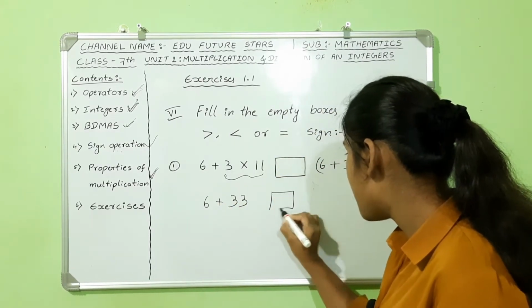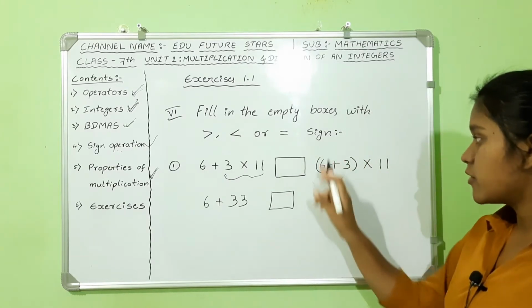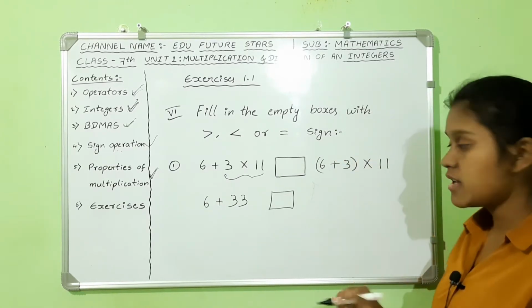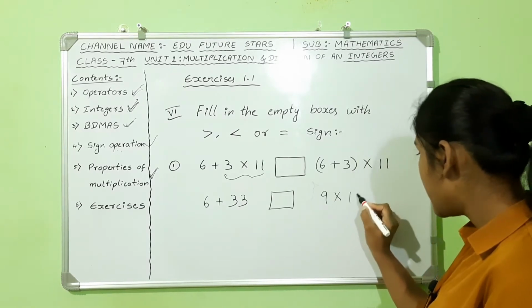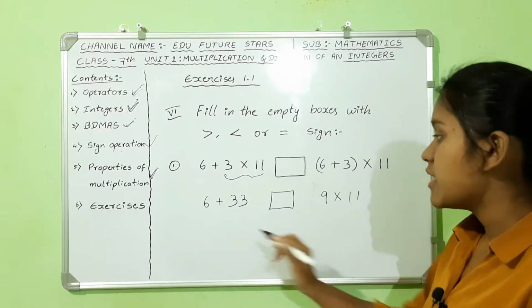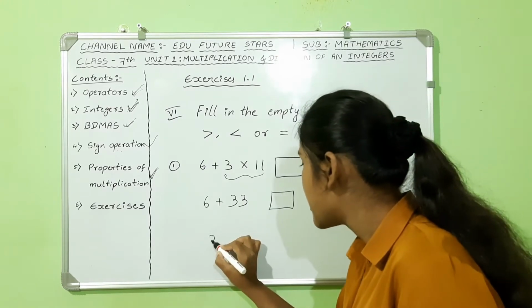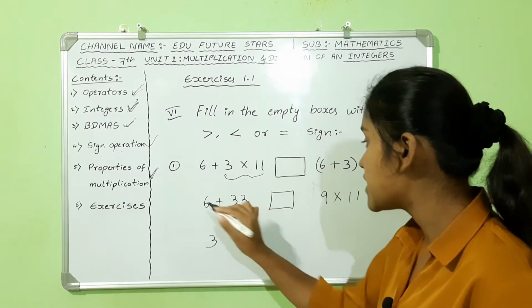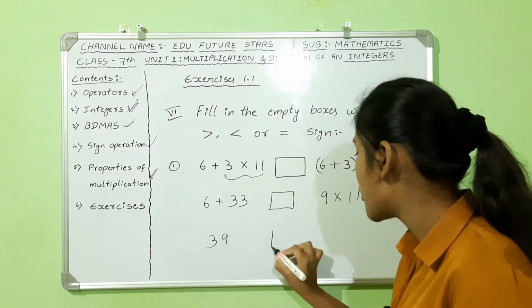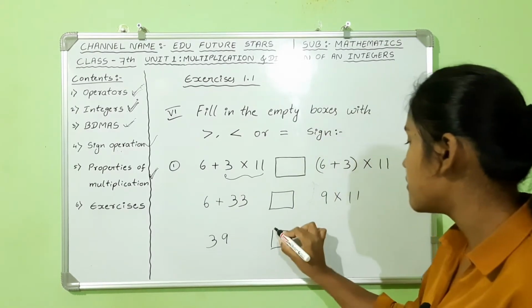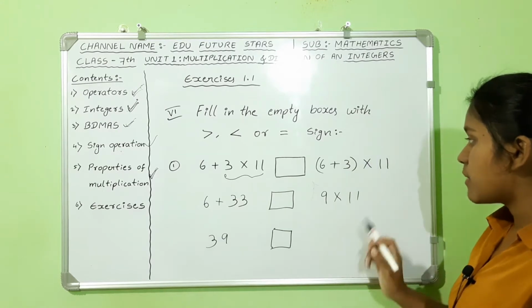Again, same box carried. Here we have to give first preference to the bracket. 6 plus 3 which is 9, multiplied with 11. Okay. Now let's add these two things. It is what? 33 plus 6 which gives 39. Okay. Next we have a box again. Now let's multiply these two things.